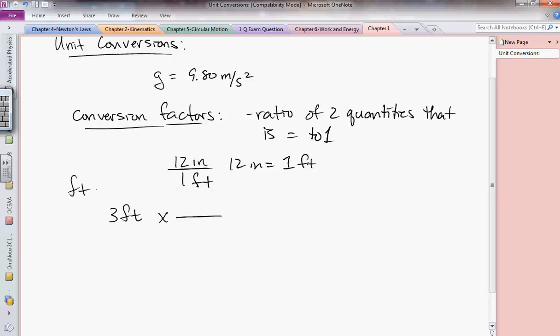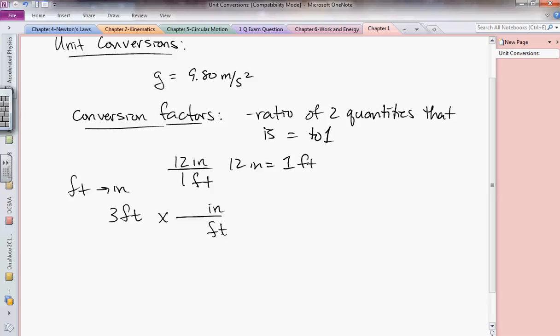Okay, so we want to go from feet, and we want to convert that to inches. So I'll put feet on the bottom of my conversion factor. I'll put inches on top. Now I know that this is a fairly simple example. You guys very well may know the answer already, but I just want to show you the technique, the mechanism we use to convert one quantity to another, and for when you get a quantity that you don't know the conversion so well.